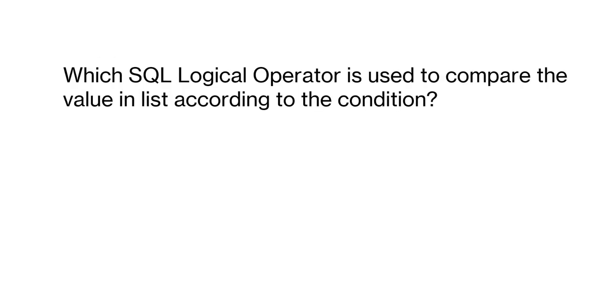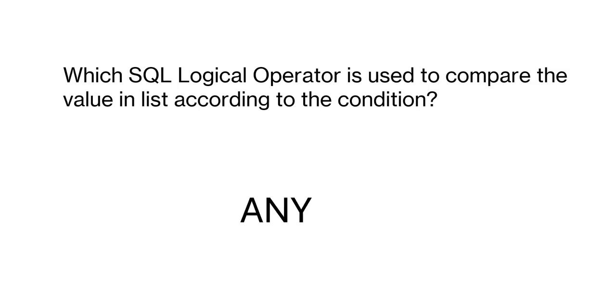Which logical operator is used to compare the value in list according to the condition? So this is kind of like an or, but you want to find any of these conditions. So maybe you have a long list of conditions and you're looking for things that meet any of this.